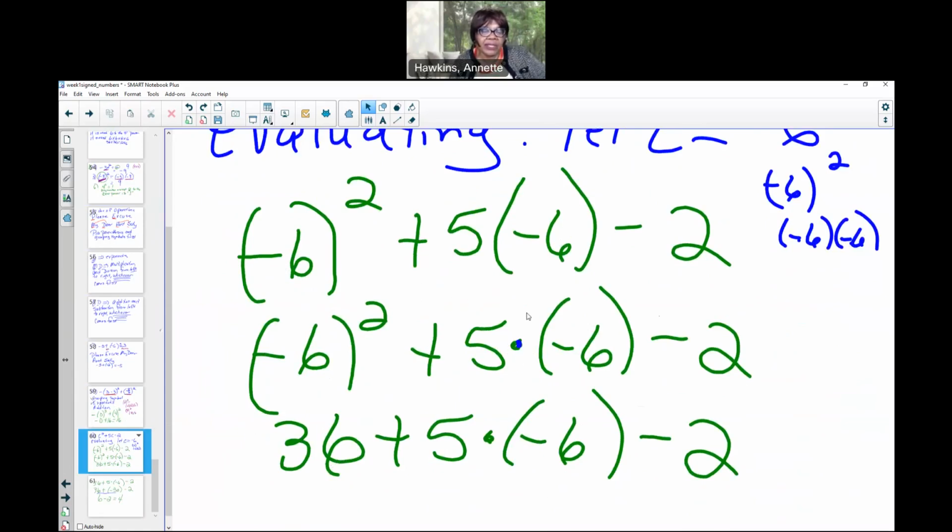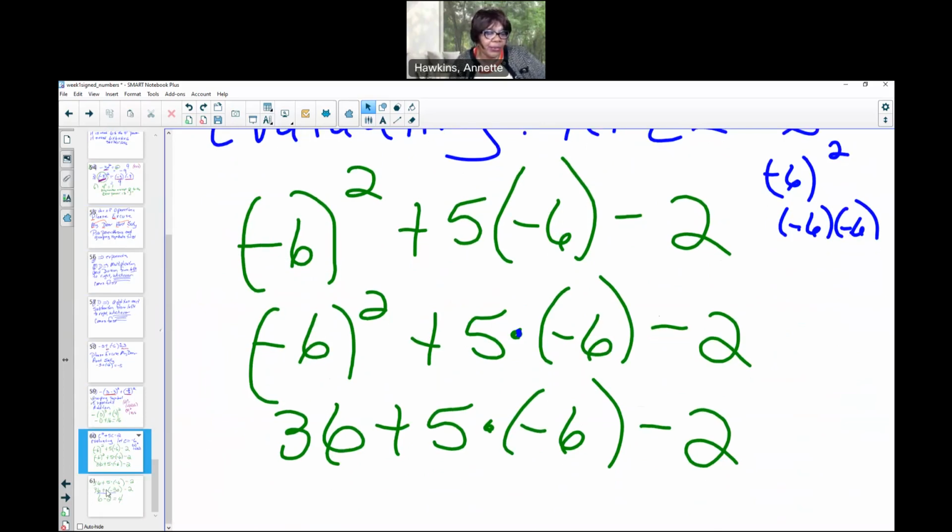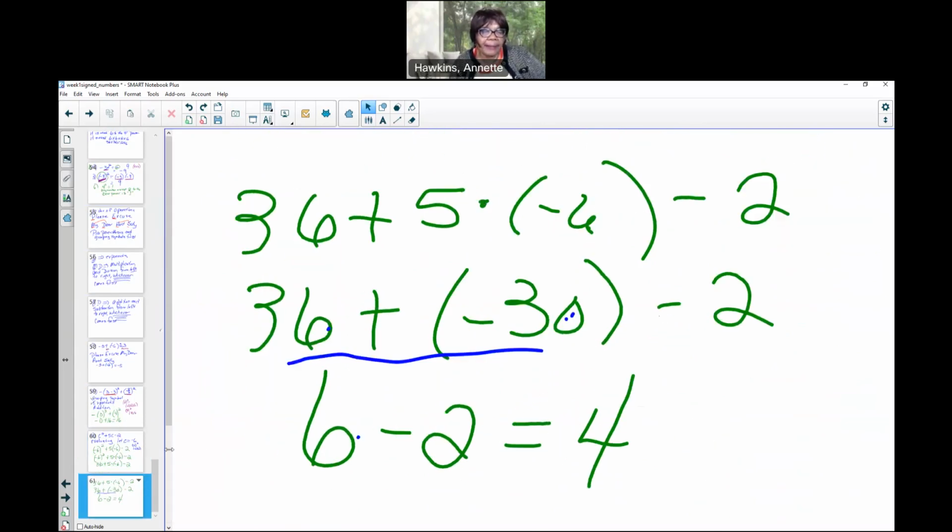Multiplication comes before addition. 5 times negative 6 is negative 30. So this is 36 plus negative 30, subtract 2. Well, now I have addition and subtraction, and I operate from left to right, whichever comes first. 36 plus negative 30 is a positive 6, and 6 minus 2 gives me 4.